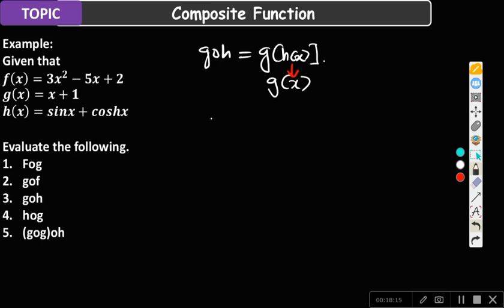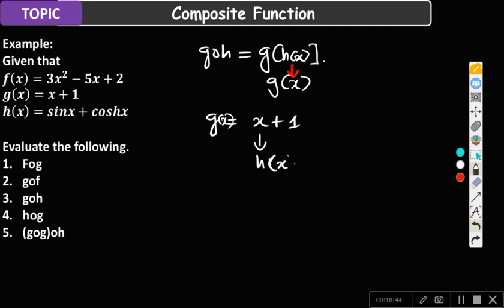So g of h is equal to, what is g? g of x is x plus 1. Whenever you see this x here, put in the value of h of x.